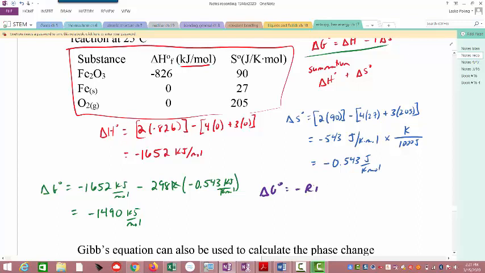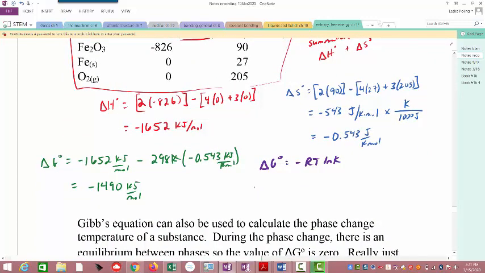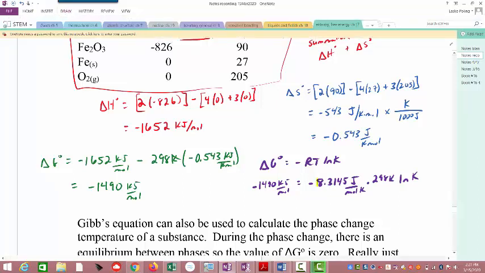Delta G equals negative RT ln K. So I have negative 1490 kilojoules per mole, equals negative 8.3145 joules per mole Kelvin, times 298 Kelvin, times the natural log of K. So I have to have this in kilojoules.